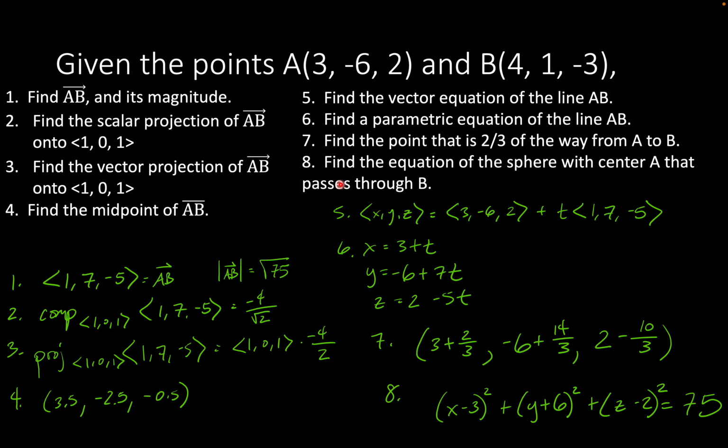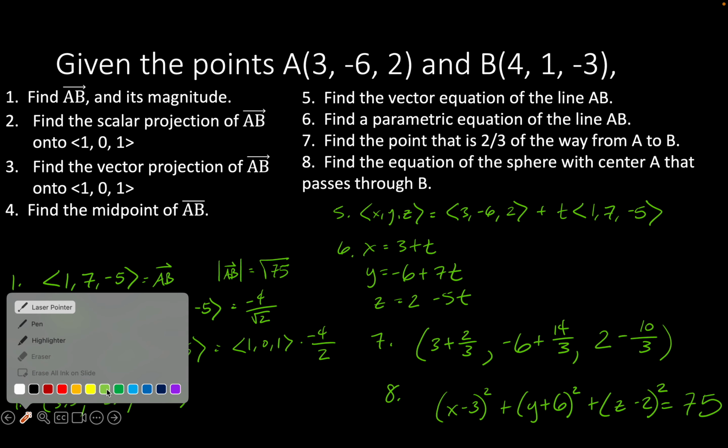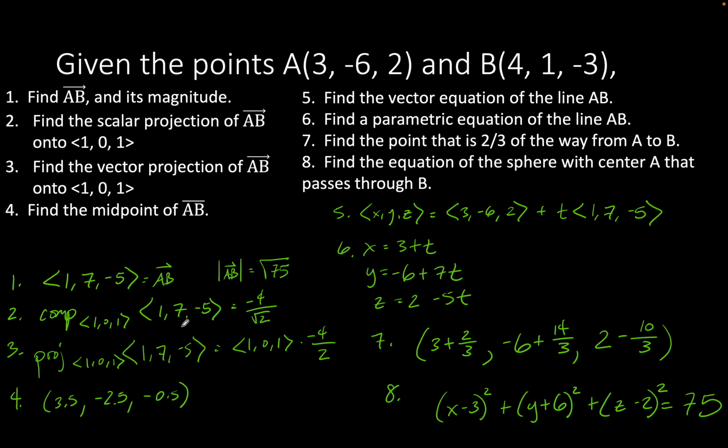So here, if I was to do that, dot product of 1, 0, 1 and 1, 7, negative 5 is 1 plus 0 minus 5, that's negative 4. And then I'm projecting onto 1, 0, 1, which has a magnitude of square root of 2.